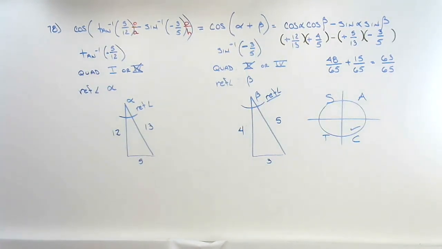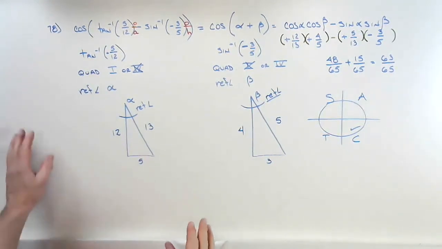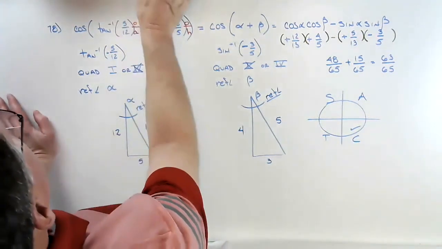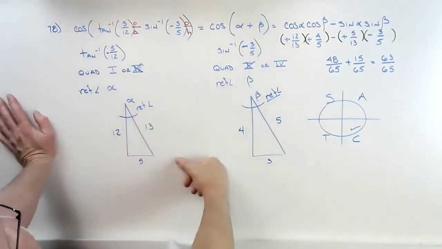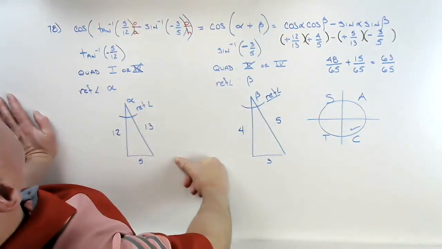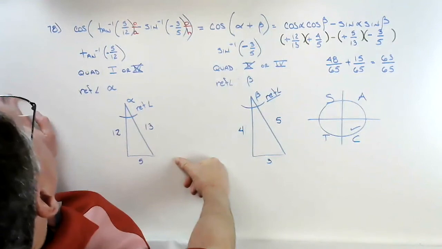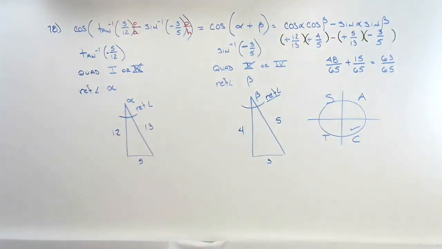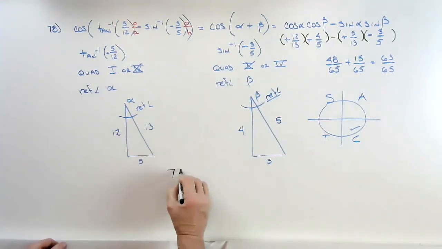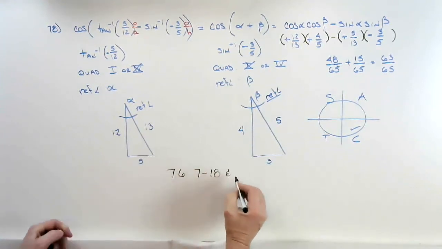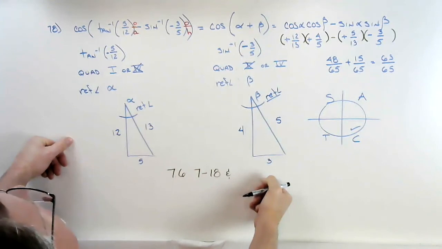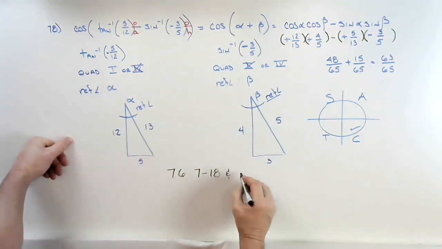These are exactly the same steps that we use to solve the problems in section 7.6. The problems in 7.6, in particular, I'm talking about problems 7 through 18, and 29 through 40.